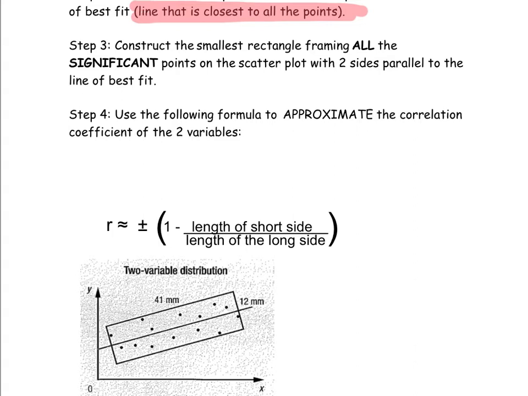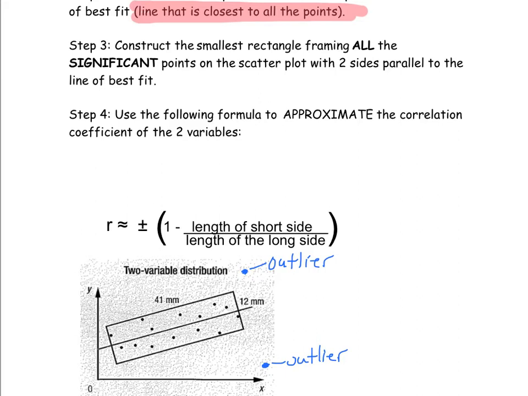An outlier would be something like this. Say we had a point that's way up here or way over here. It's not fitting the pattern, so we call that an outlier. And in statistics, when we have outliers, we ignore them because they're not fitting with the same trends that this data is showing.